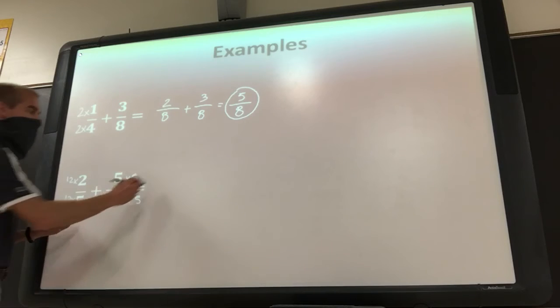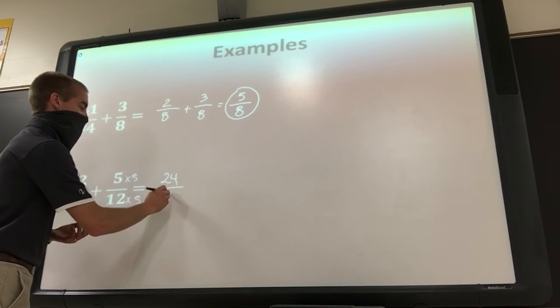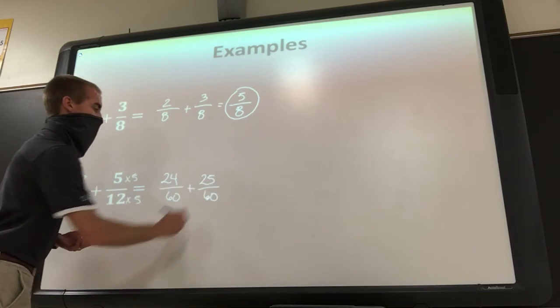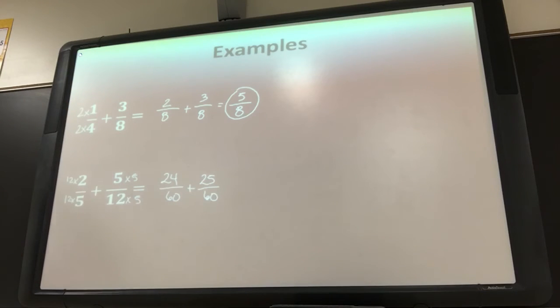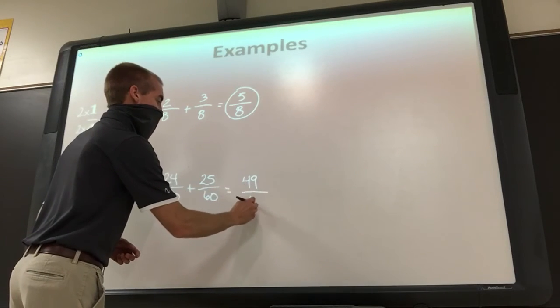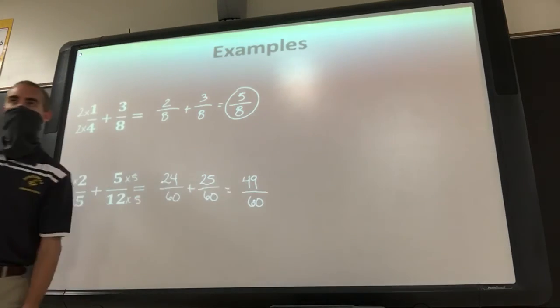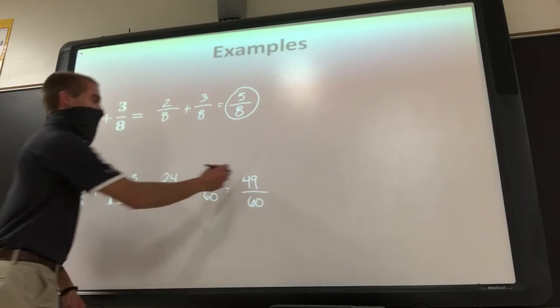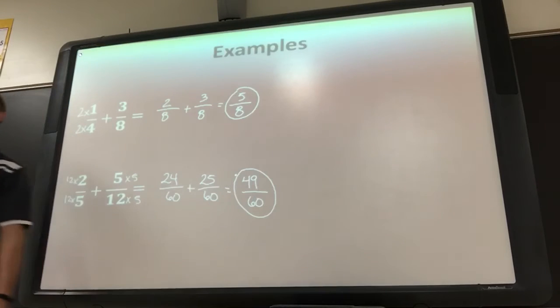So that will now get you 24/60 plus 25/60. And then add 24 plus 25, which will be 49/60. Can 49 and 60 be divided by the same thing? No. So 49/60, that is in simplest form. Okay?